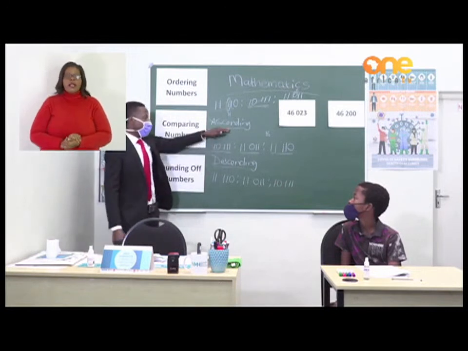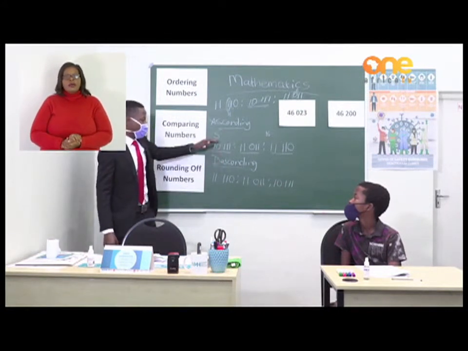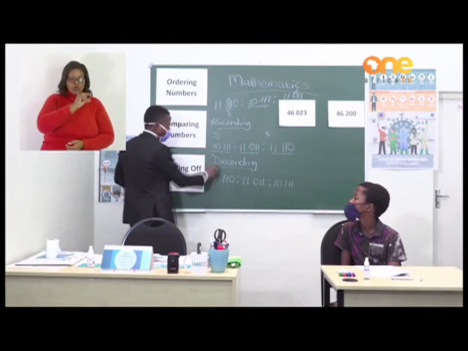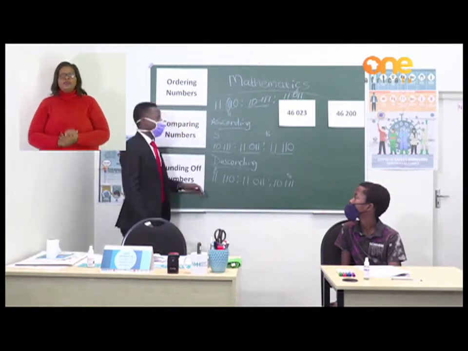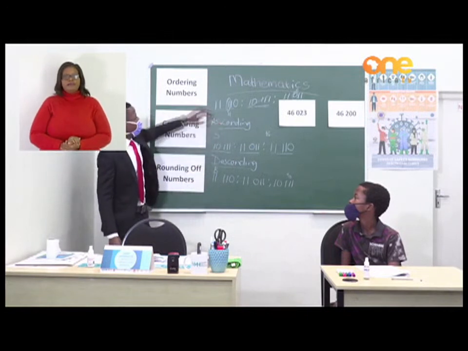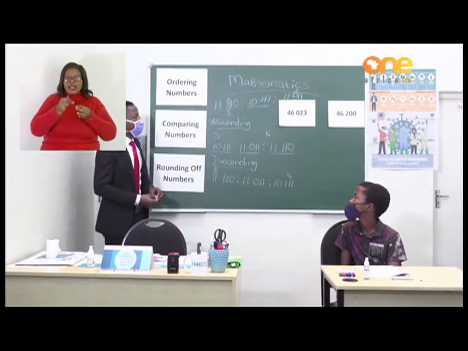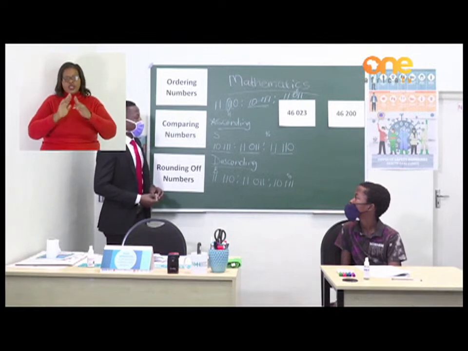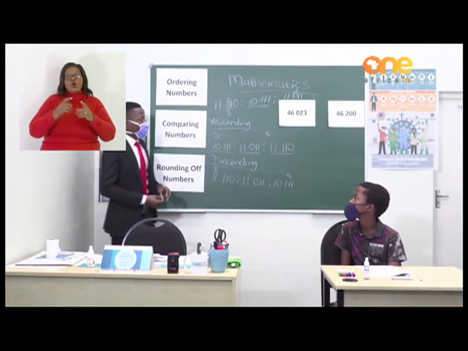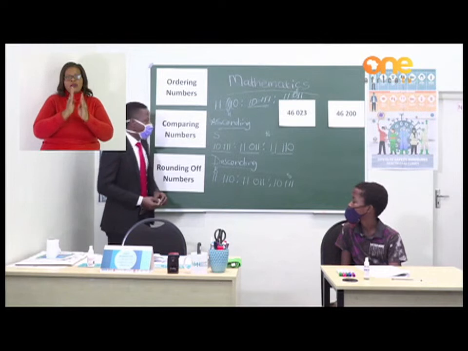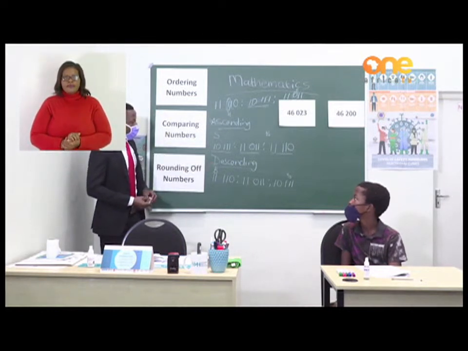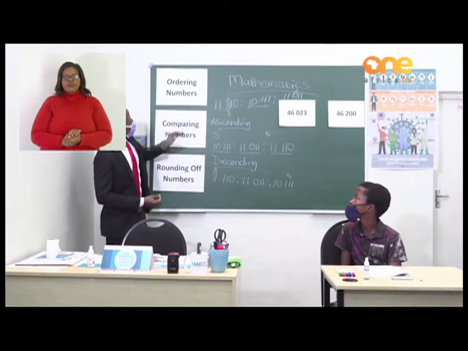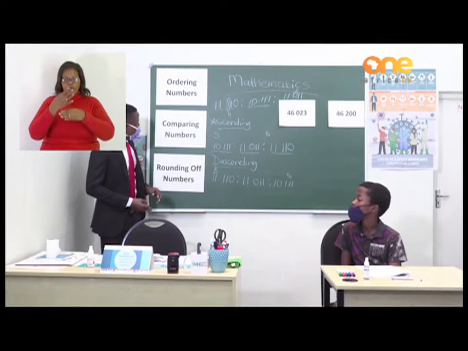So ascending order, descending order, small to big, and here is big to small. So that is the part of ordering numbers. I hope you can do the activity in the book which requires you to arrange, and I will end the first objective with these examples.